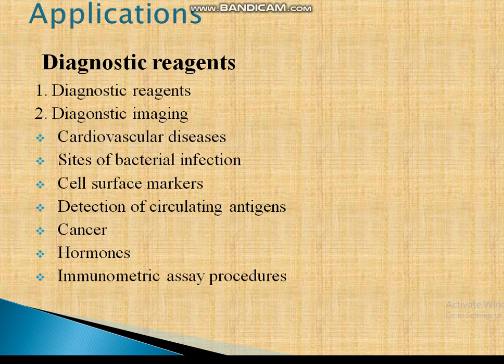Now we will talk about the applications. There are different applications of monoclonal antibodies. It can be used as a diagnostic reagent, in diagnostic imaging, either in cardiovascular diseases, sites of bacterial infection, cell surface marker, cancer, hormones, immunometric assay procedures, detection of circulating antigens.